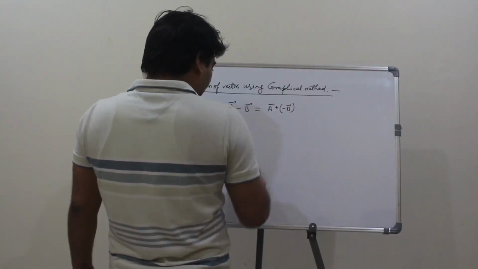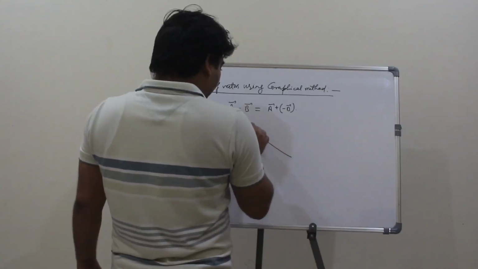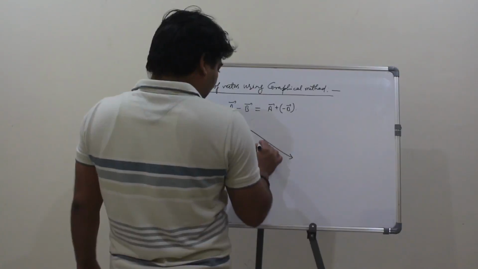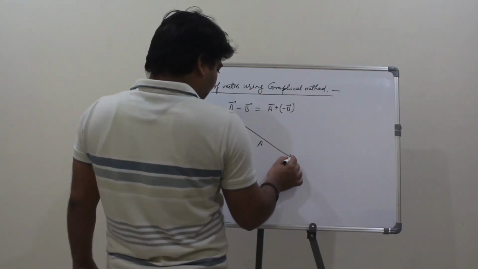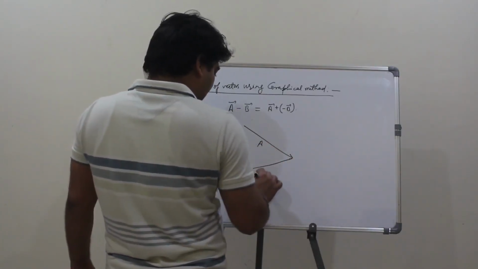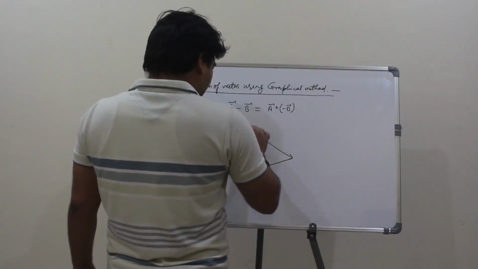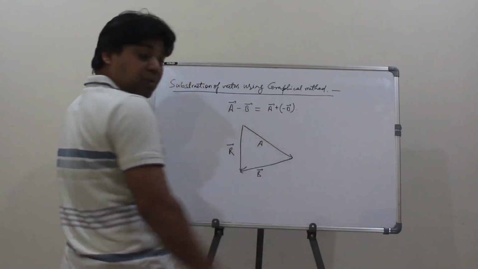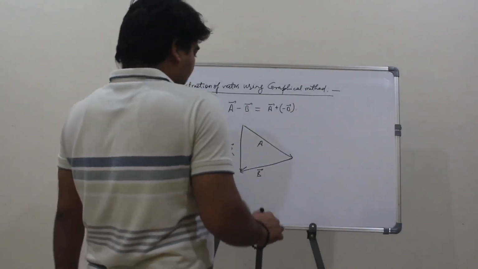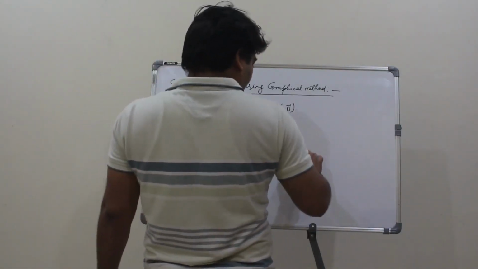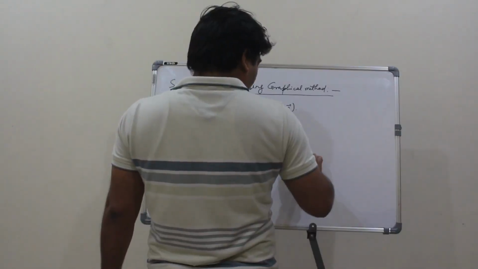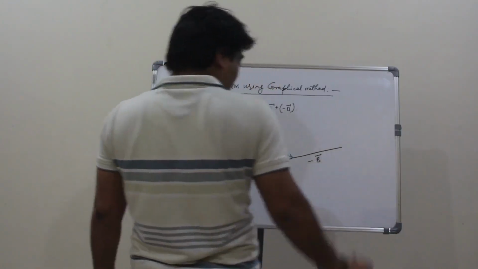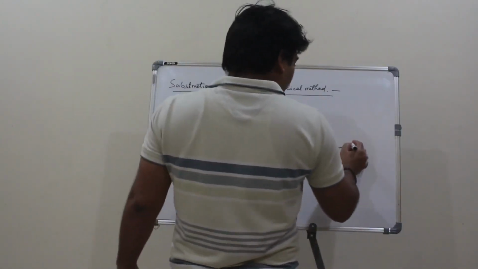So just take A as a vector, right? And then take B as another vector. Then the resultant vector is R, which is A plus B. Now in this case, if you want to take minus B, it will be something like this, right?